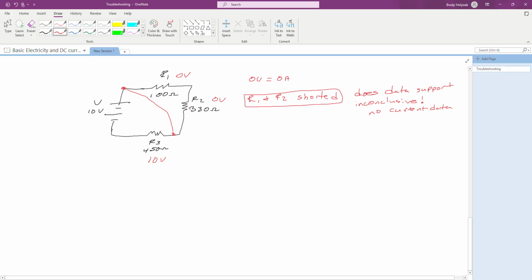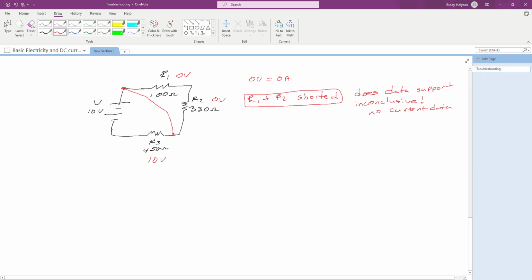So according to our data, we can say that R1 and R2 shorted is a possibility because there's nothing to say otherwise. If we were measuring current from R1 to R2, we could see that there would be current flowing. We could also see what the total current would be, that kind of stuff as well. So we have to take that into account. So it's inconclusive. This is a possibility, but there's no way to actually say if this is the answer.